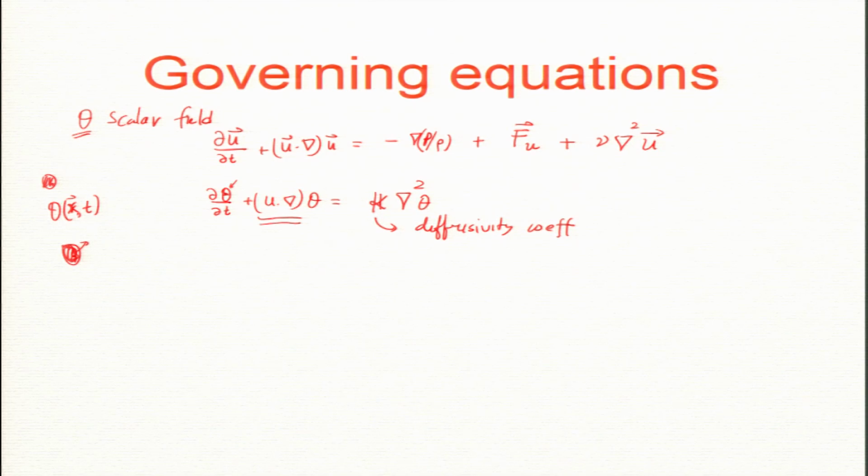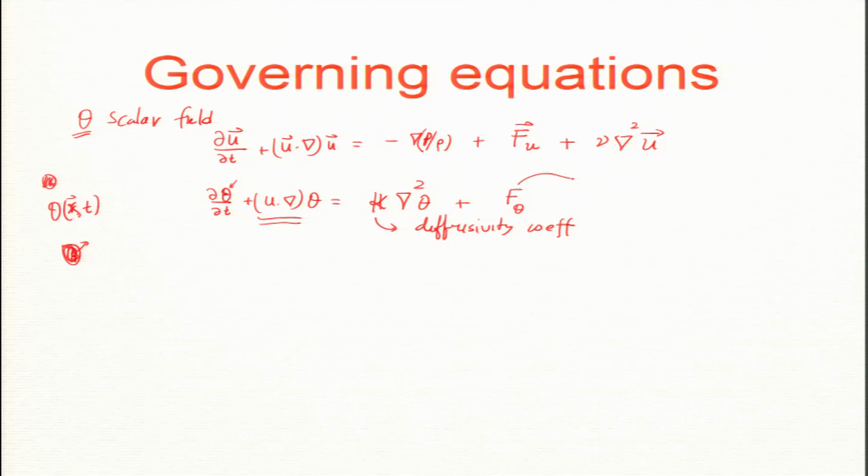Density diffuses, temperature diffuses, so this is a diffusion coefficient. And there could be a scalar force on this. Somebody increases theta, injection: I can inject ink or I can heat the fluid, so that I am supplying temperature. So, we keep f theta, it is very useful to keep f theta. This is the forcing for theta.